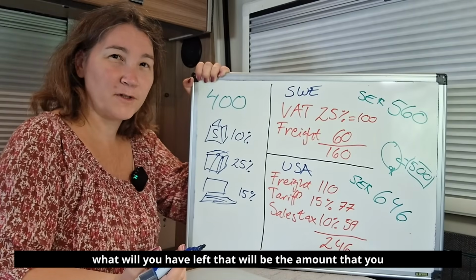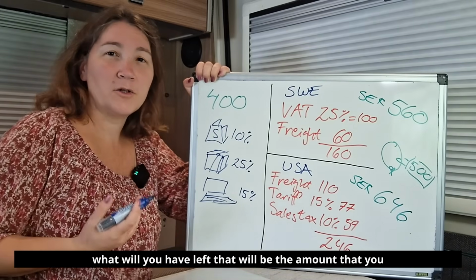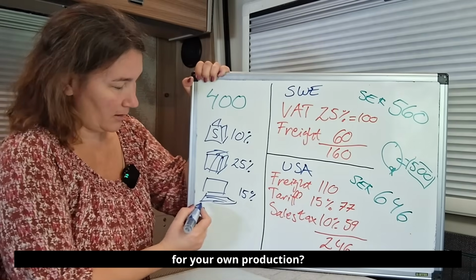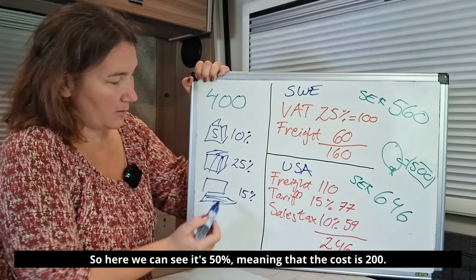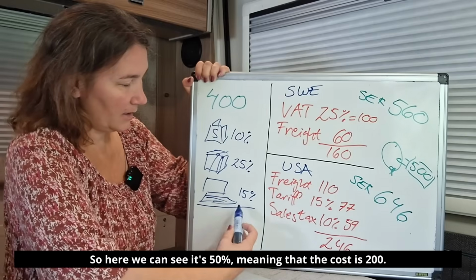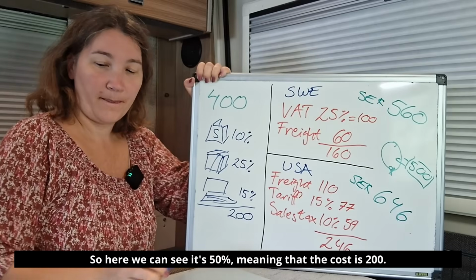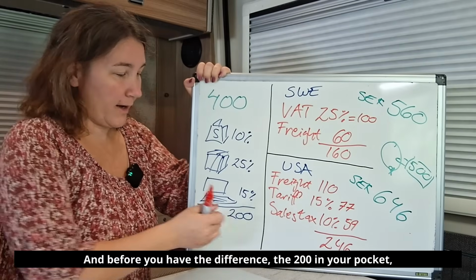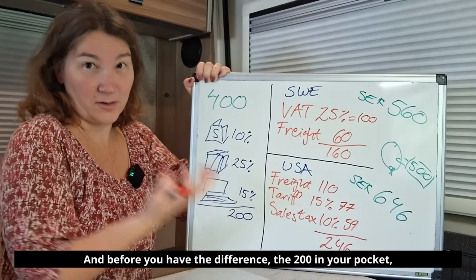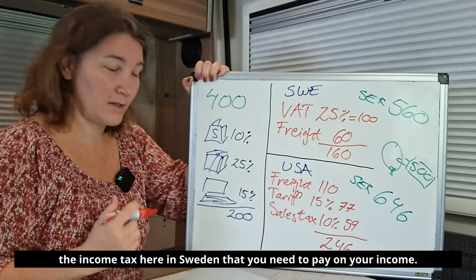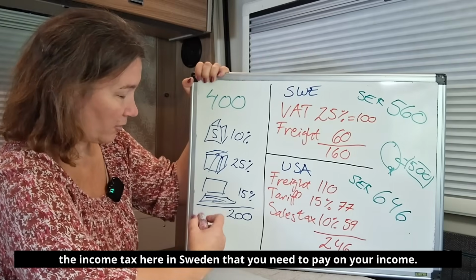What will you have left as the amount that you receive for your working time, for your own production? Here we can see it's 50%, meaning that the cost is 200. And before you have the 200 in your pocket, you also need to consider the income tax here in Sweden that you need to pay on your income.